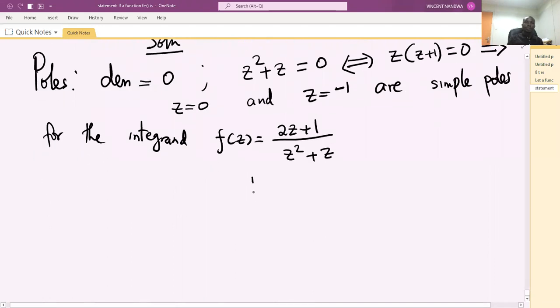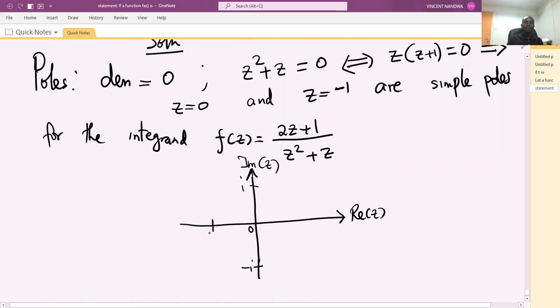So if we do the sketch, this is the imaginary axis, this is the real axis. So this is 0. So this is i, this is negative i, this is 1, negative 1. Then this being our center by definition of the circle.